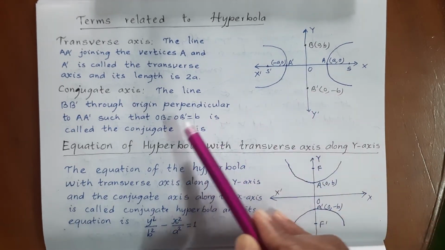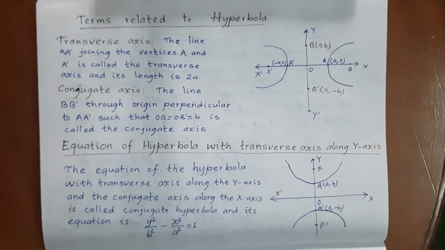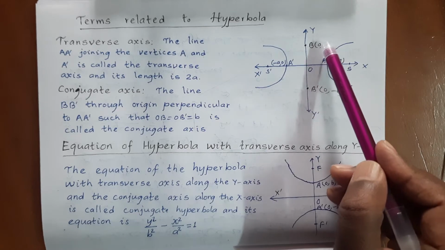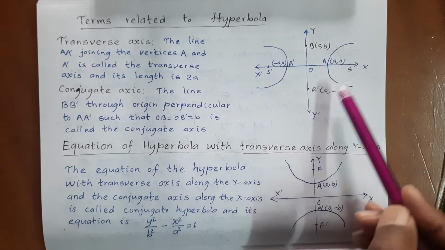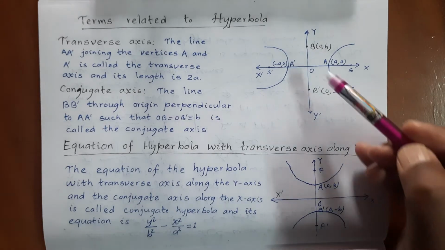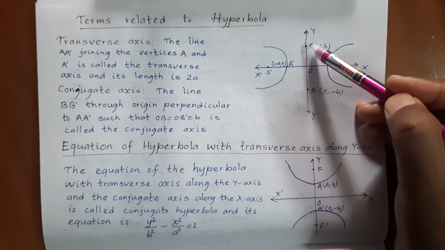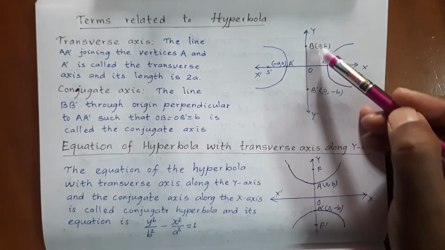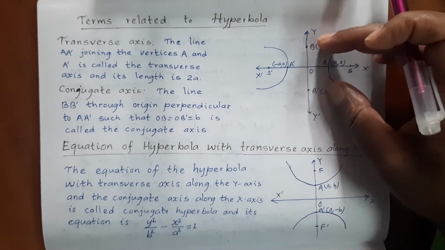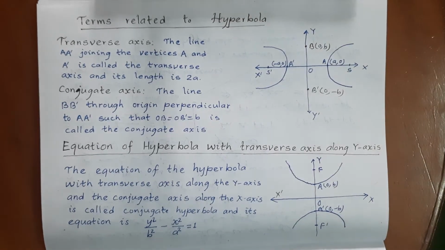But there is no real intersection with this conjugate axis, because just like in an ellipse, this hyperbola doesn't intersect the conjugate axis. Only taking length OB equals OB' equals b, we locate the points on the y-axis, and this length gives us the length of the conjugate axis.